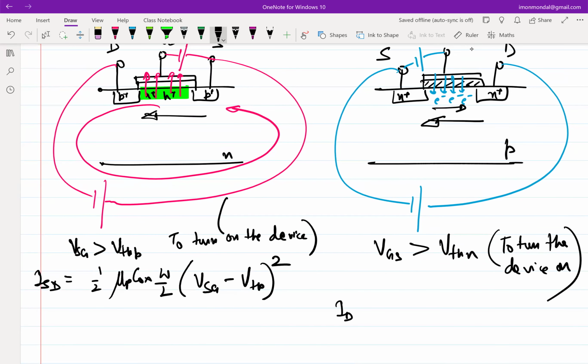So in this case, since the current in the device is between drain to source, all the polarities are going to flip. So instead of ISD, which was the case in a PMOS device, it will be IDS. Physics of the current flow and everything remains the same, just that instead of mu P, it will be mu N, which essentially means that we are considering the mobility of electrons.